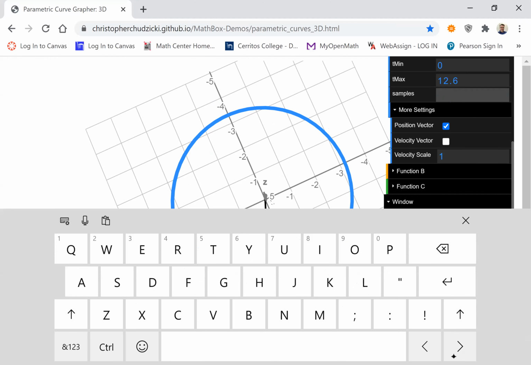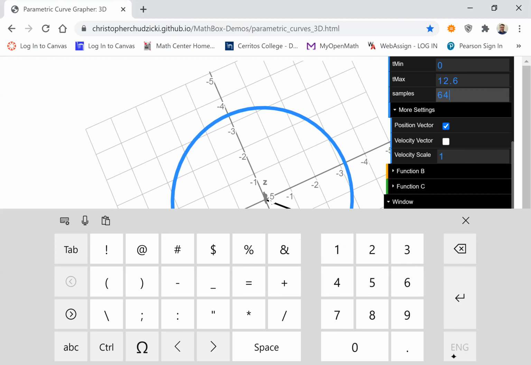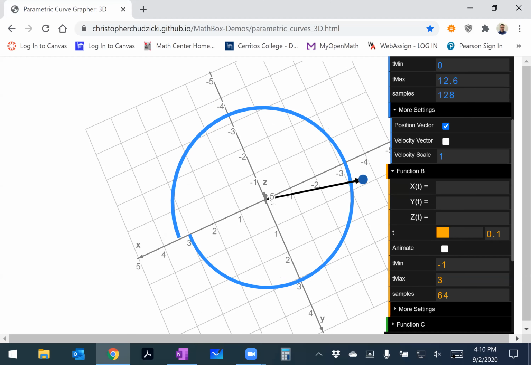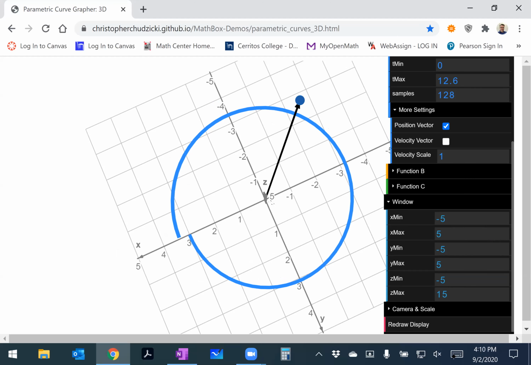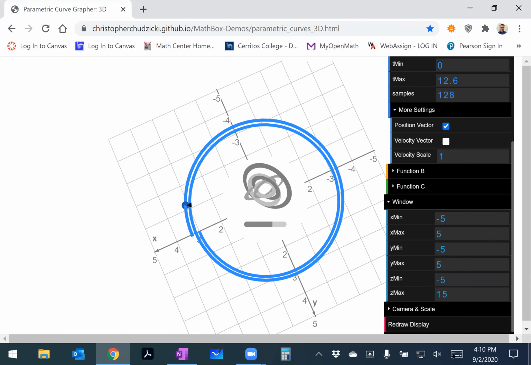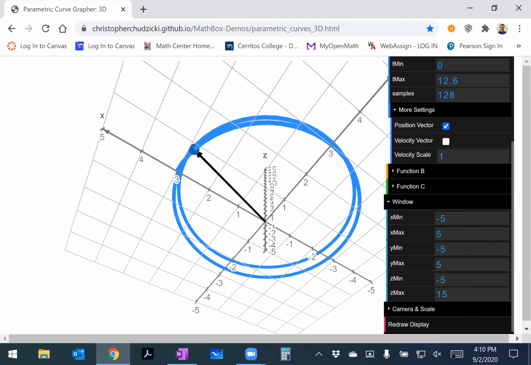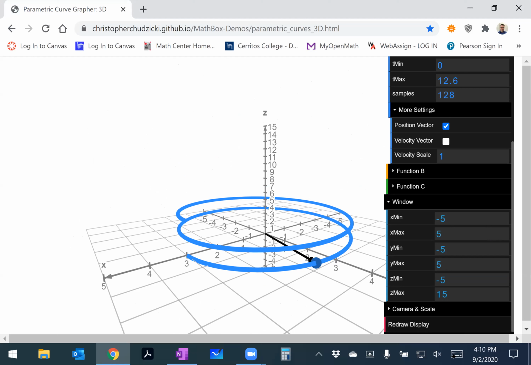I'm not going to screw around too much with this. 128. Redraw display. There we go. Boom. Now we get a nice helix.